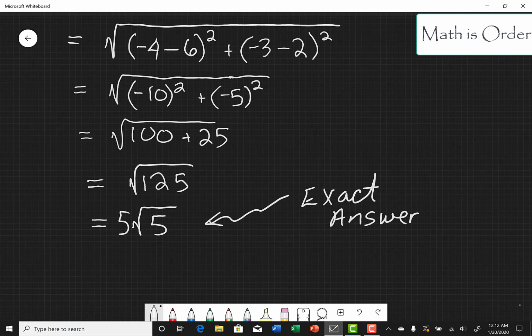An approximate answer from using a calculator, you can get 11.2 if you round to 1 decimal place or to the nearest tenth.